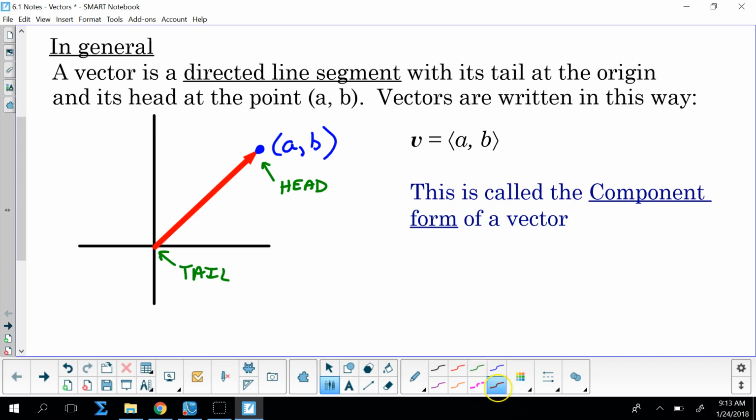Now, when we're writing that, the last class I said, well, it's not a parenthesis, it's not a bracket. What do you want to call it? And they decided duckbills. Okay? All right? So, we'll call it duckbills from now on. Okay?